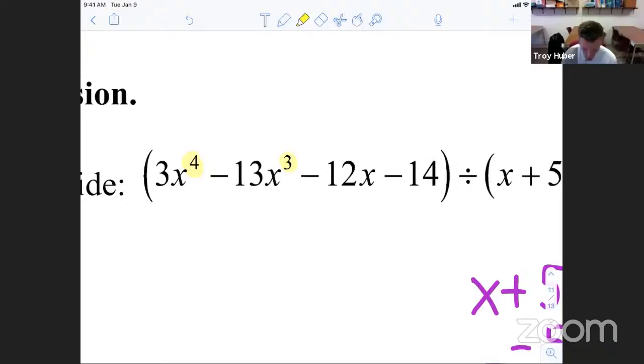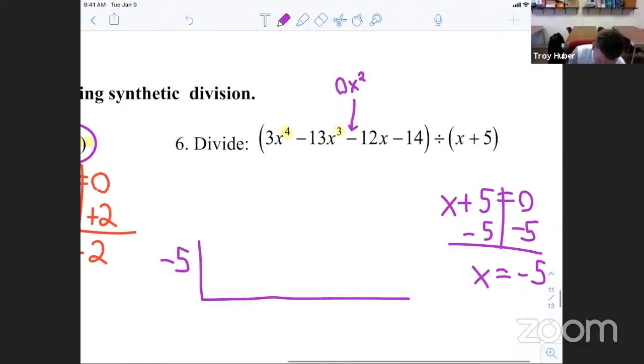Uh-oh, we're missing x to the second right here. So we have to say, well, this is really 0x to the second minus 12x minus 14. Write down our leading coefficients, 3, negative 13. Don't forget that's 0, negative 12, negative 14.